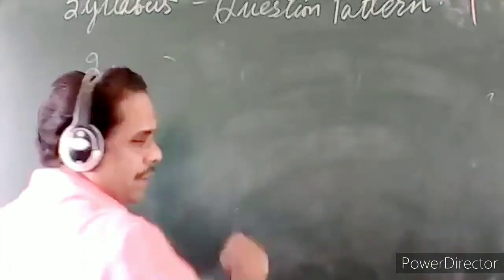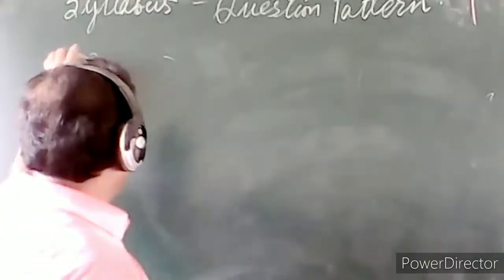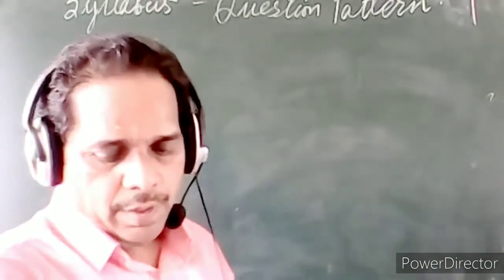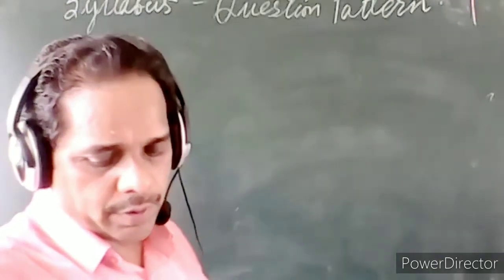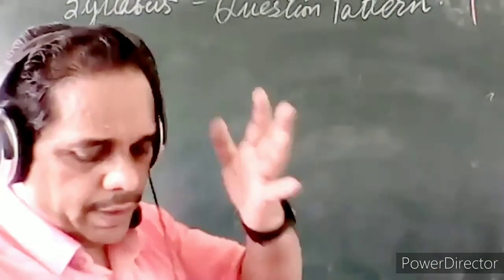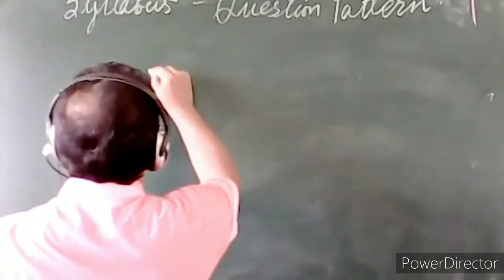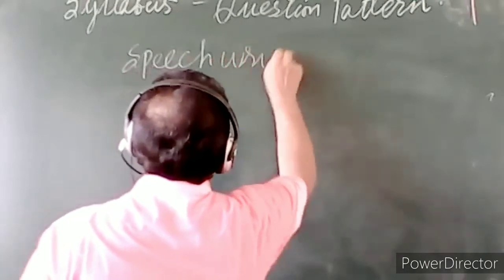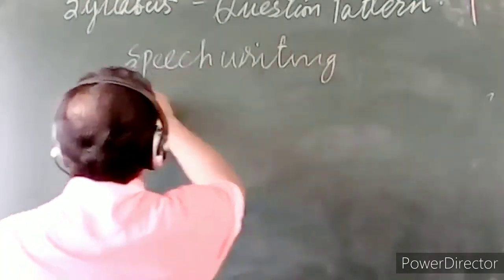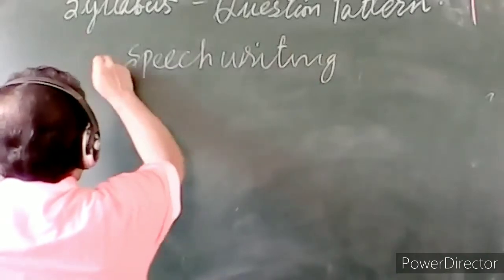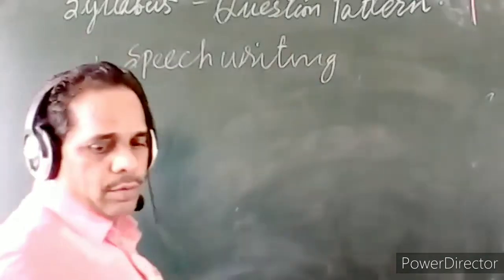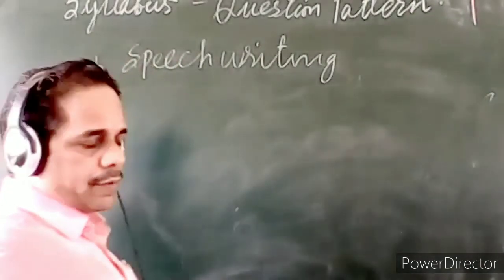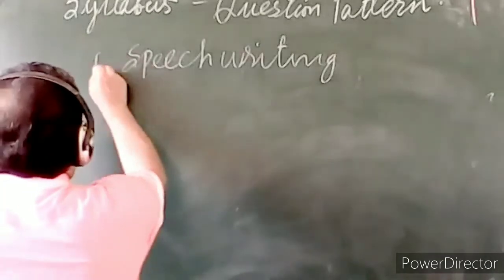Then you have a personal profile. Speech writing is there. How many are over now? Article writing, book review 1, 2, 3, 4. Report writing 5. Okay. Speech writing is the sixth.